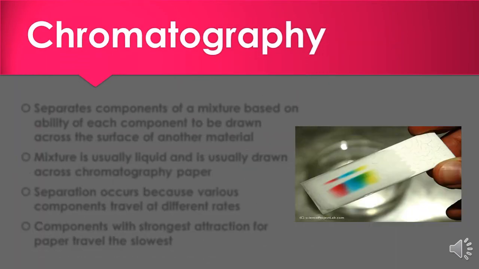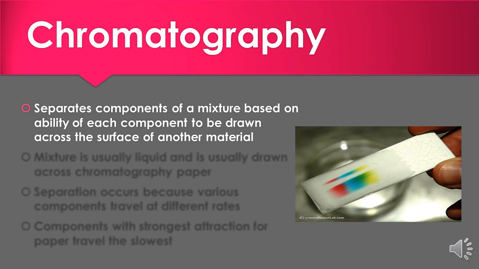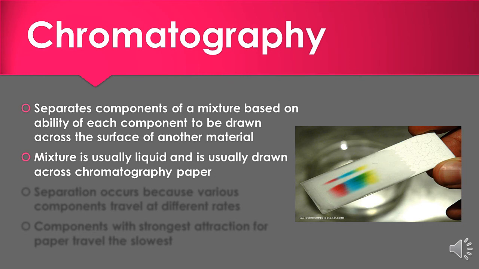Chromatography is the technique in separating components of a mixture based on the ability of each component or material to be drawn across the surface of another material. The mixture is usually liquid and is usually drawn across a chromatography paper. So chromatography paper is used in the process.